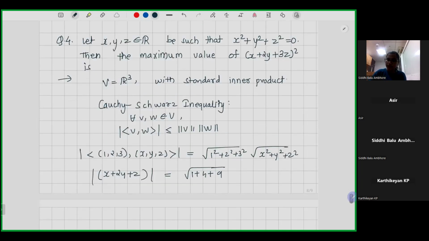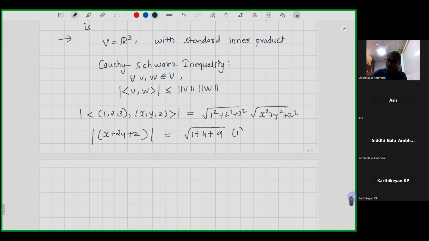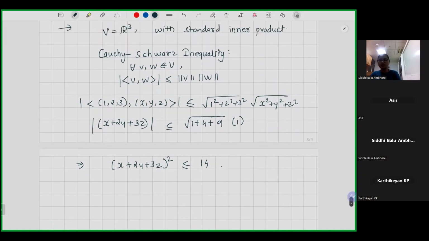And here we are given x square plus y square plus z square is equal to 1. So here I have 1. Then taking squares on both sides, I will get 14 is less than or equal to (x plus 2y plus 3z) whole square. Any doubts here?